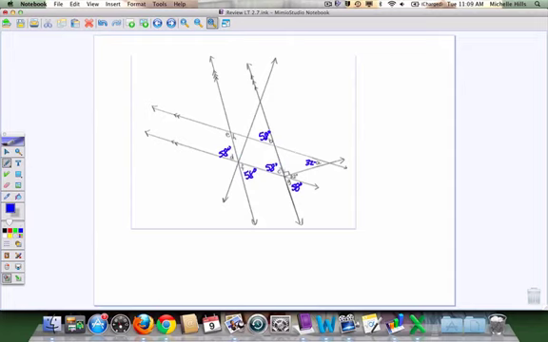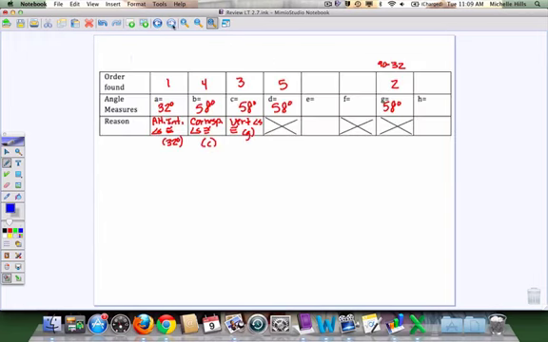Or again, these two lines are parallel, this is my transversal, and it's corresponding angles with G. I just have to say which one of those I used. Honestly, if it's one of my choices, I usually do vertical angles. It doesn't have to be, but this is 58 degrees. I don't actually have to say why, but just so you know, there were at least three perfectly reasonable and acceptable reasons why F is 58 degrees.